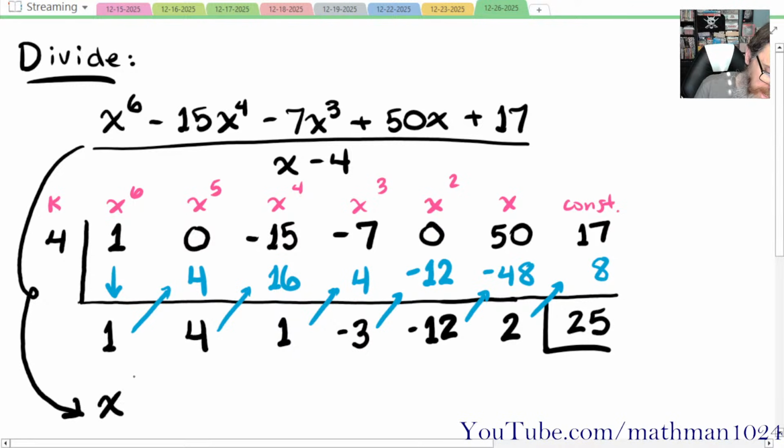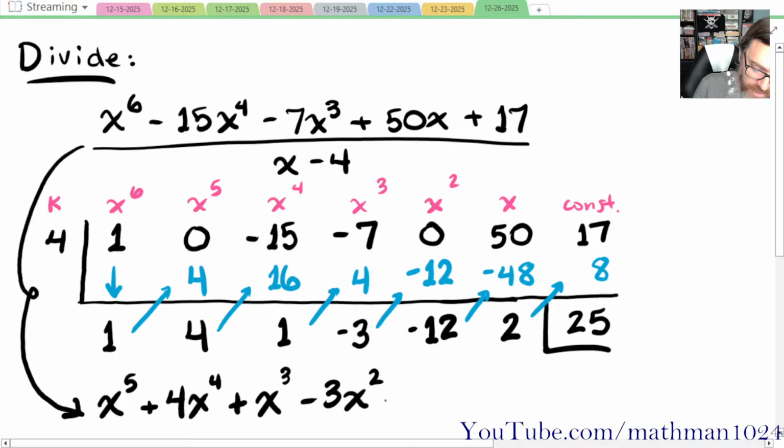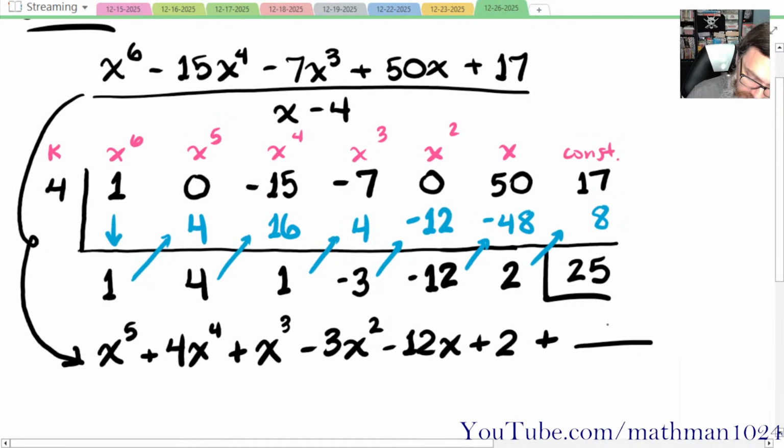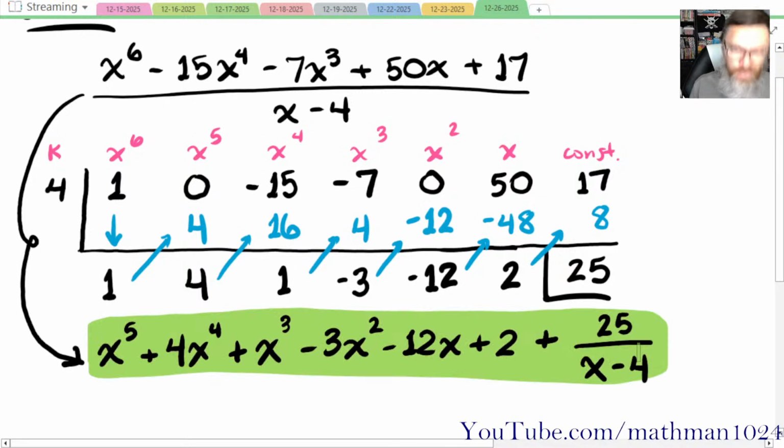So it's going to be 1x to the 5th plus 4x to the 4th plus 1x to the 3rd minus 3x squared minus 12x plus 2 plus, do your remainder piece. Your remainder is 25 over your divisor. Now your divisor is not 4. Your divisor is x minus 4.